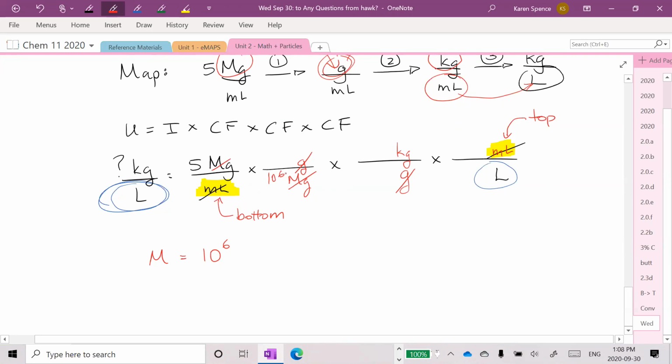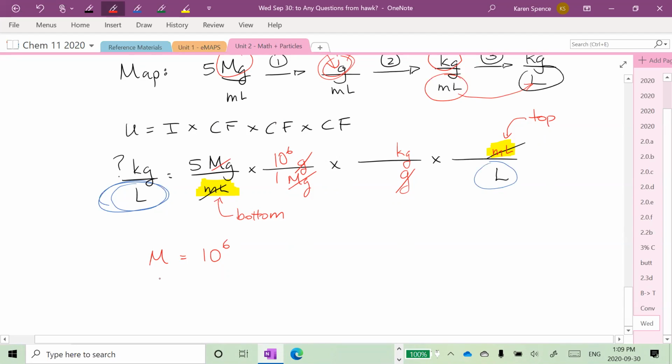Are we happy with where I placed the 10 to the 6? Yeah, you got to put it with the grams because we already have a prefix. We cannot also have a power of 10. So let's put it up here where it belongs. 10 to the 6 grams, lots of grams, equals one very large gram thing, a megagram.